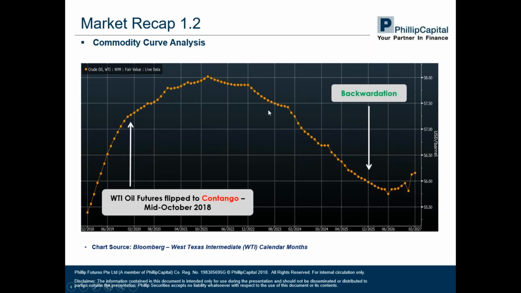It was in backwardation, where it reflected that there was much tightness in the market. But now the market reflects weak fundamentals, and it might show that supply fundamentals are not as supportive for an upward surge in oil price. So this is one of the reasons I opine that there's a structural shift for oil prices.